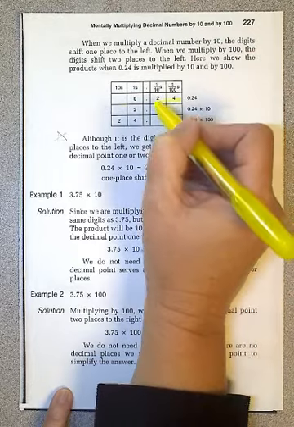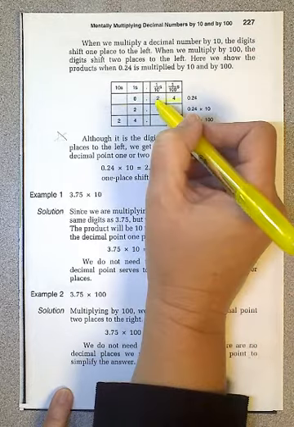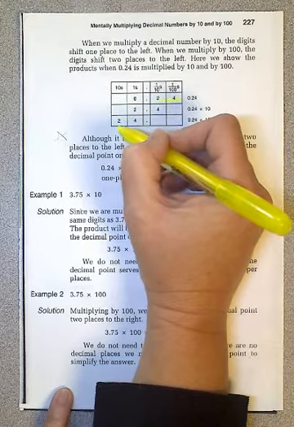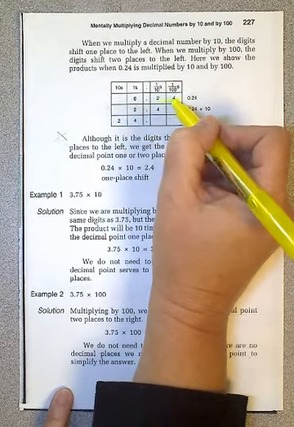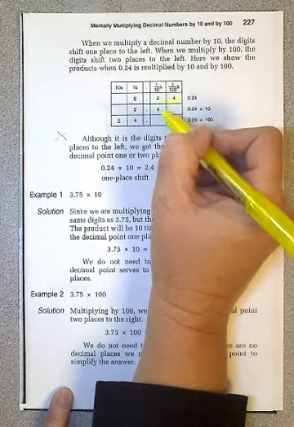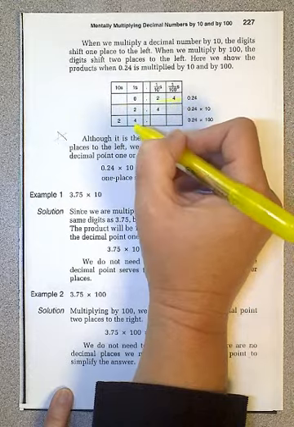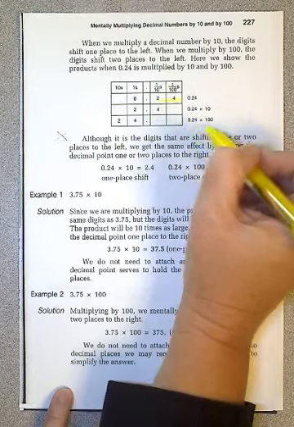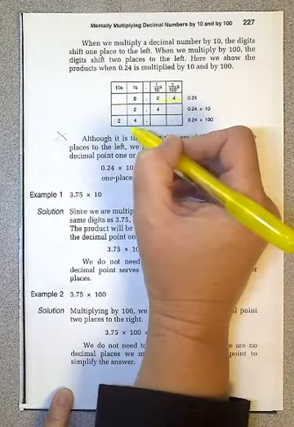The 2 jumps from the tenths spot over 2 places to the tens place value. And the 4 jumps 2 places over, from the hundredths, now to the ones spot. And we know that 0.24 times 100 truly is 24.